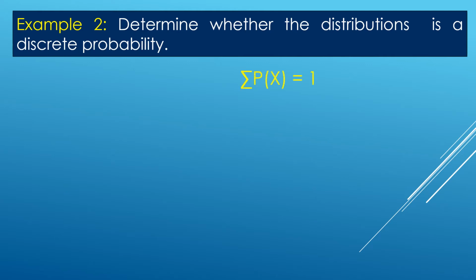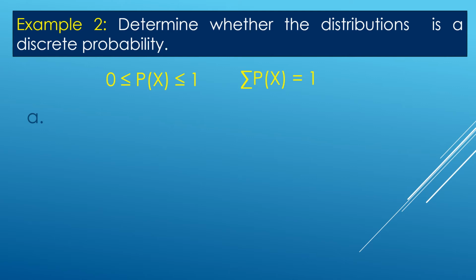We have the first property that the summation of the probability of x is equal to 1, and the other one is the probability of x must be confined between 0 and 1. So it must be greater than or equal to 0, and it must be equal to 1 or less than 1.